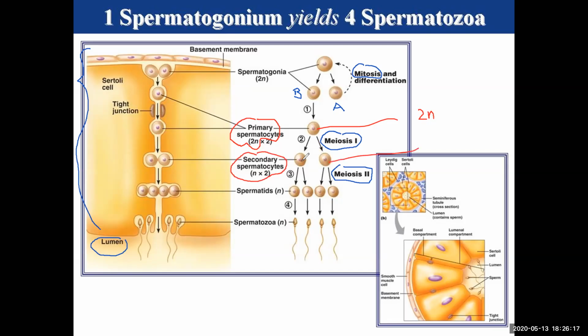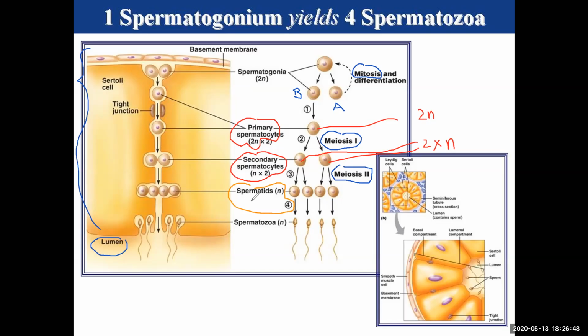So this here is two haploid cells. Each secondary spermatocyte undergoes meiosis 2 to produce 4 haploid spermatids.